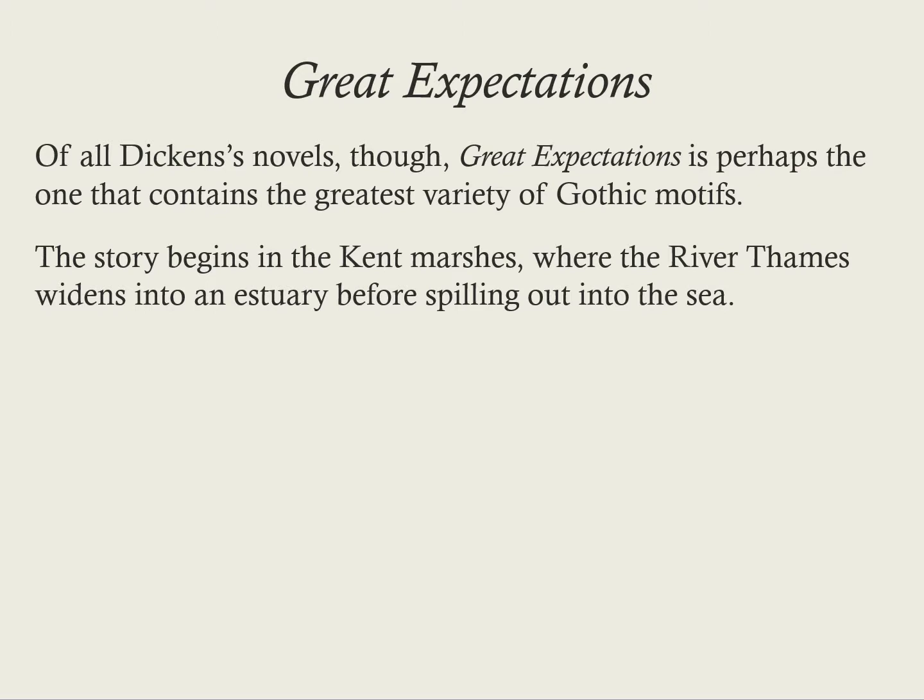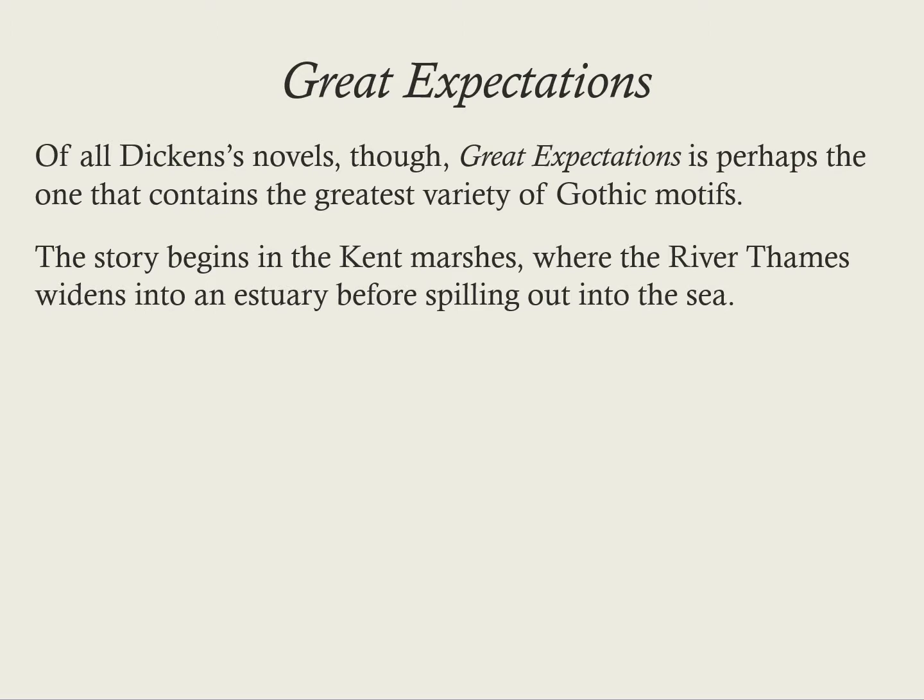It starts on the Kent marshes, and the River Thames is widening out before it goes into the sea. Out there on the marshes, in that wild landscape, Dickens shows us a gallows right at the beginning of the novel.